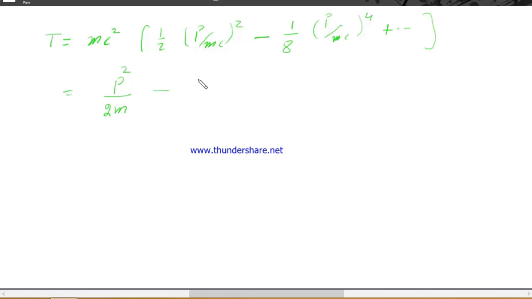Minus 1 over 8, and when you multiply, we get m cube c square and p^4. And this is the result: p square divided by 2m minus p^4 over 8 m cube c square.